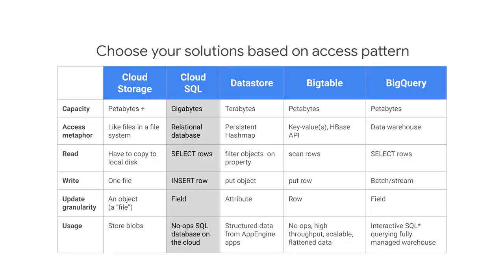Here is how we decided on using Cloud SQL among the other big data products available for storing our ratings. This is a good reference to follow based on your storage access pattern. We'll cover the solutions in your other scenarios in this course, but briefly, use Cloud Storage as a global file system.